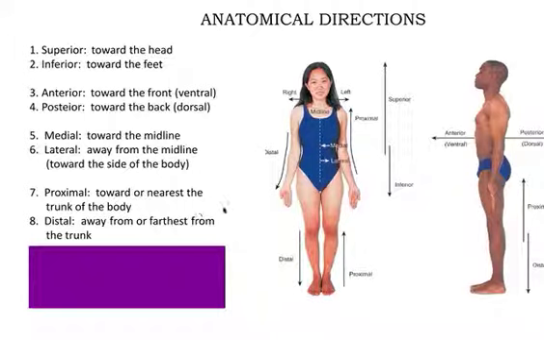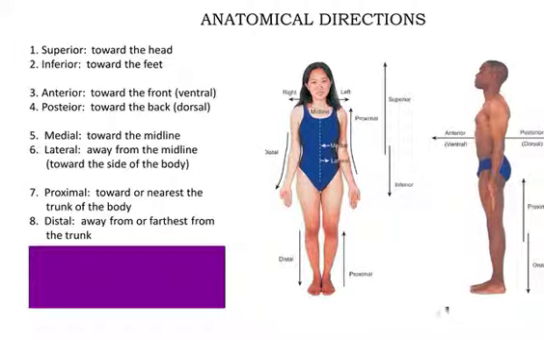Proximal means toward or nearest the trunk of the body, and the trunk of the body is considered this area of the abdomen. So you think about this center part of the body, the bulk of the body, and then the legs and the arms would be appendages.